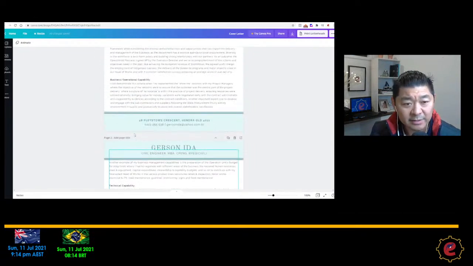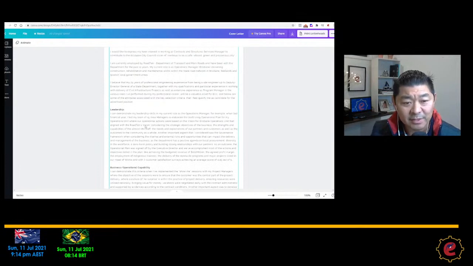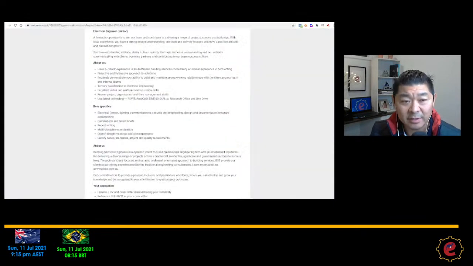So those headings, they are probably what we call selection criteria or key competencies. And then you will see that under each heading, I ended up writing examples where I addressed those competencies. So let's go back to that job vacancy and see if they ask for selection criteria or key competencies.